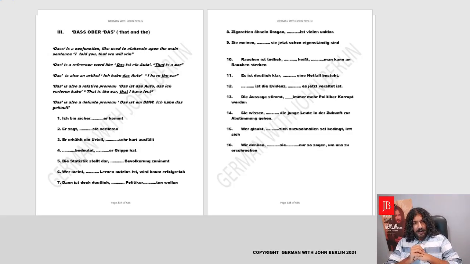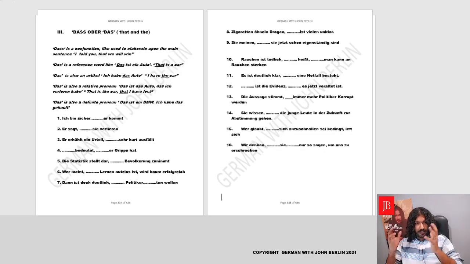Last time we learned the difference between weil and denn. Letztes Mal haben wir gelernt der Unterschied zwischen weil und denn. One is a direct relationship, direkte Beziehung, weil; indirekte Beziehung, denn. So weil is when there is a direct relationship: es regnet, weil der Himmel bedeckt ist.